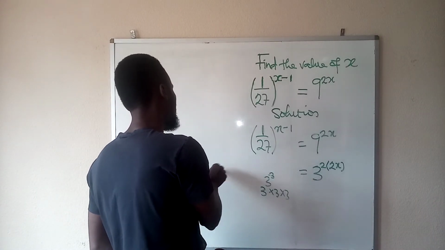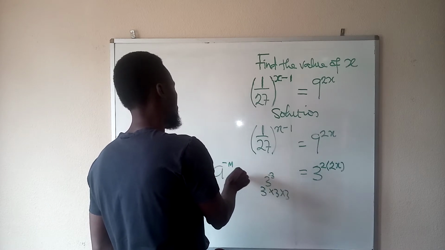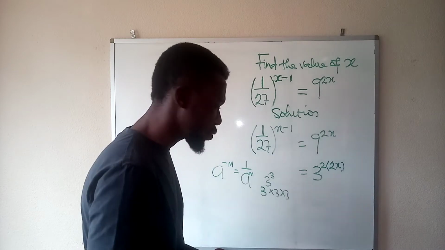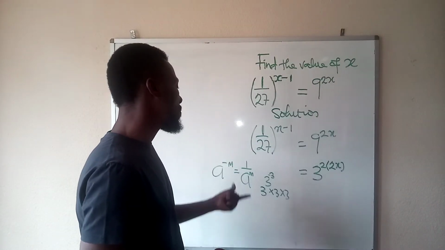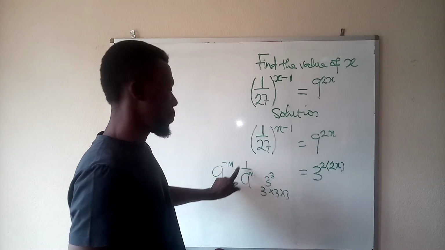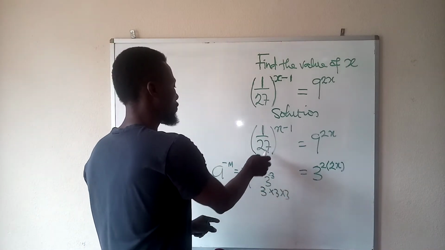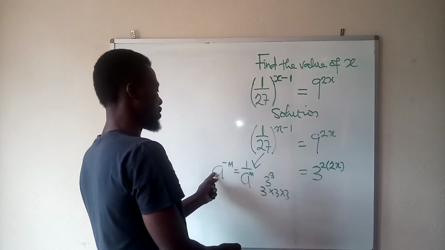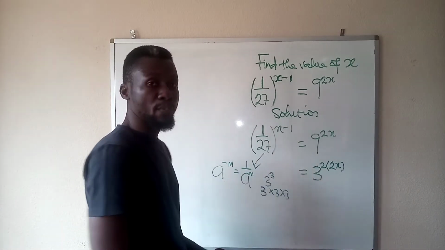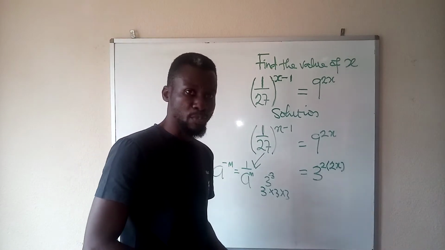If we have a raised to the power negative m, it is equal to 1 over a raised to the power m. That is the negative exponent law. So writing this in this form is the same as 3 raised to the power negative 3. I hope that makes sense.